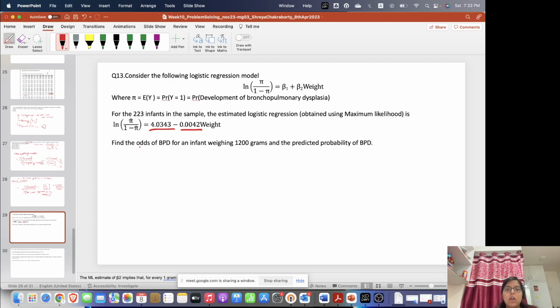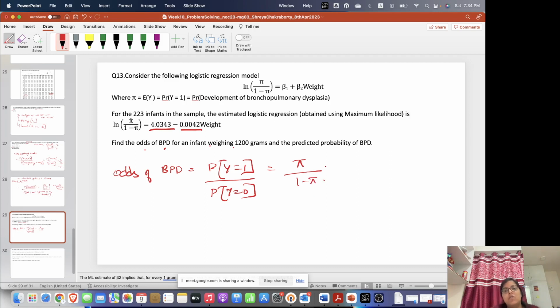Now to find the odds of bronchopulmonary dysplasia for an infant weighing 1200 grams: odds of BPD is the probability an individual gets BPD divided by the probability an individual does not get BPD. So this is pi by 1 minus pi.